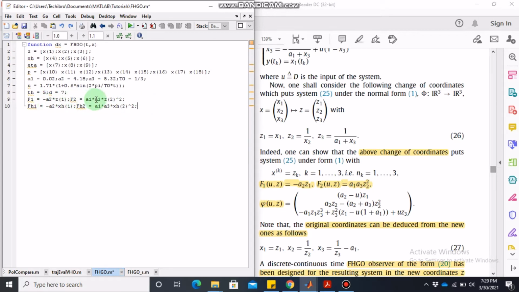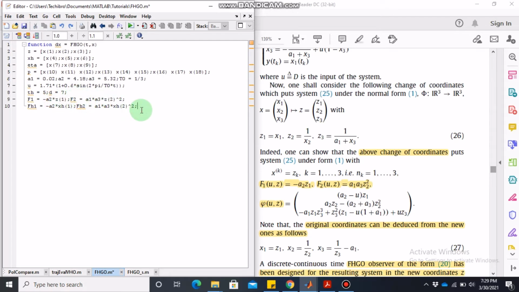So these are f1 and f2 in terms of z1 and z2, but then we have to have a copy of f1, which is f1 hat, and f2 hat, which is going to be used in the dynamics of the state estimates. So in this we use x hat 1 and x hat 2 instead of z1 and z2.